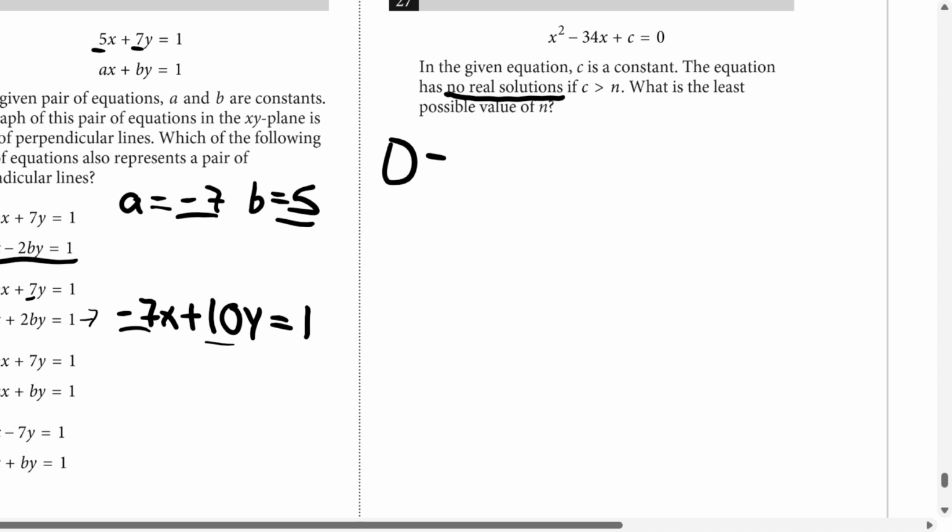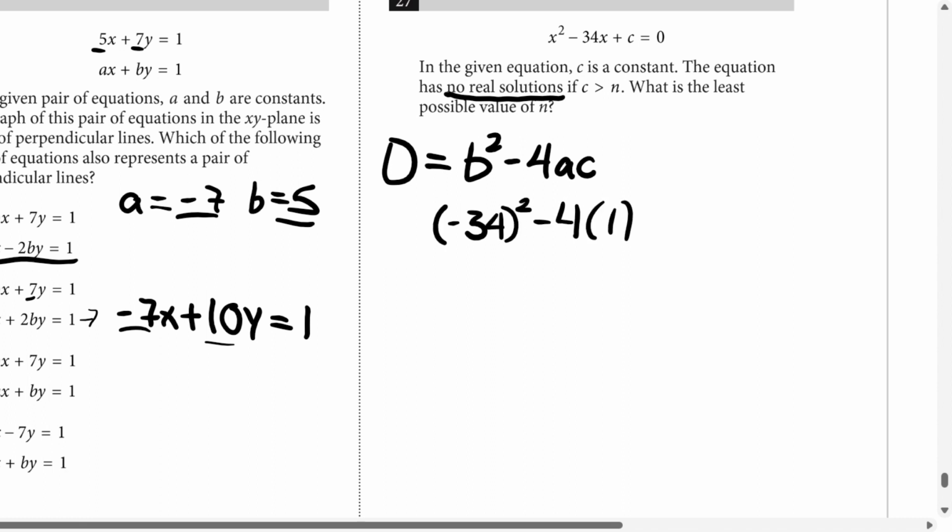The discriminant is b squared minus 4 times a times c. If we plug in these values, we'll get -34 squared minus 4 times 1 times c. And this has to be less than 0.